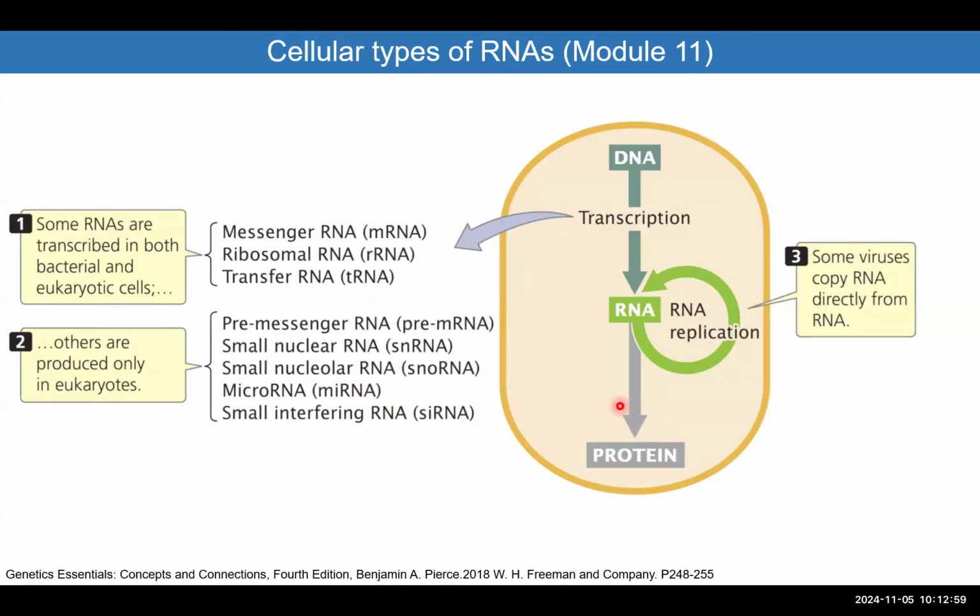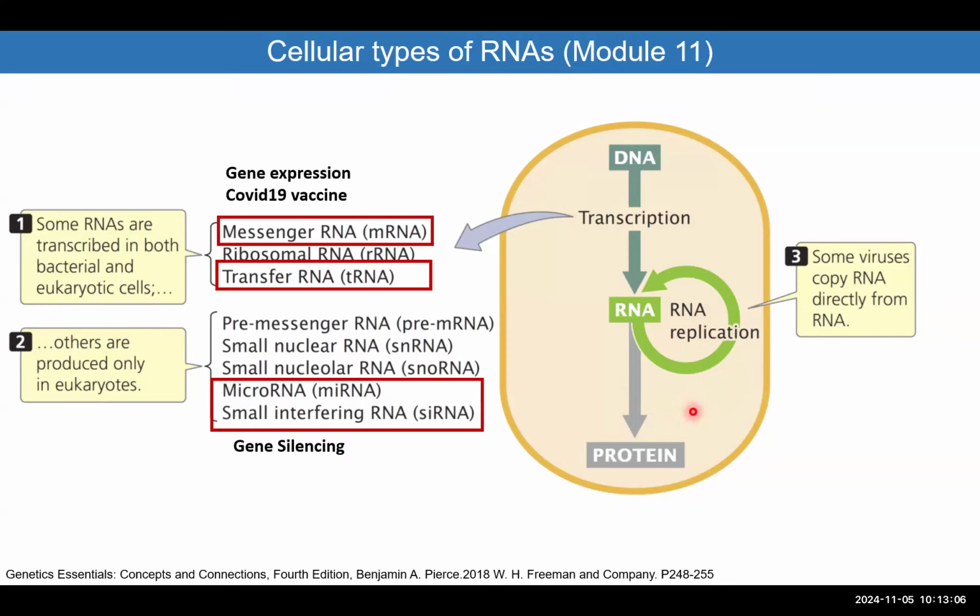Previously, I discussed with you a couple of those RNA types. For instance, we discussed the messenger RNA that is generated by the gene transcription. And we mentioned that it is the one used for the COVID-19 vaccine. We discussed the transfer RNA and the ribosomal RNA when we went through the transcription and the translation process.